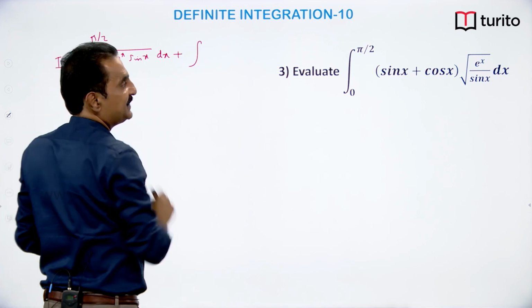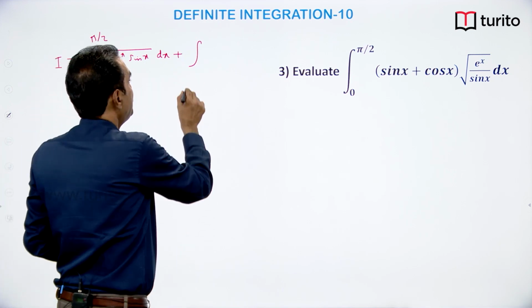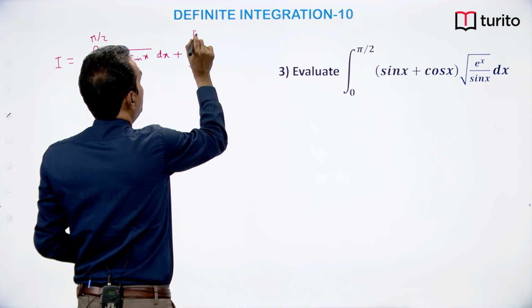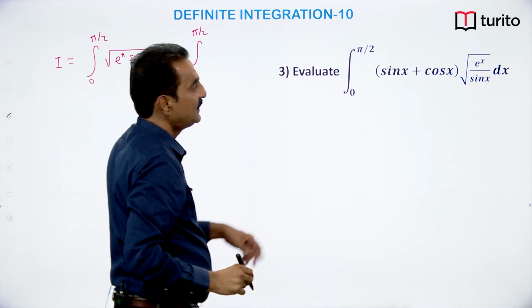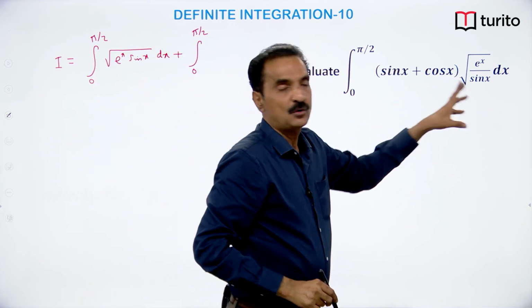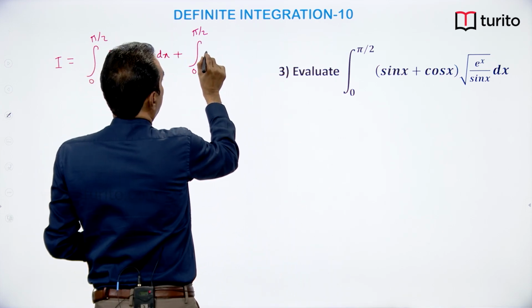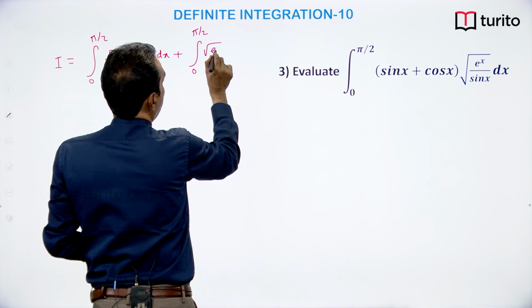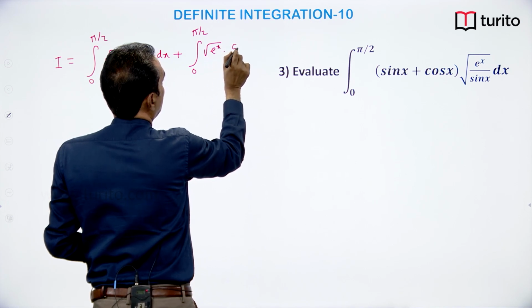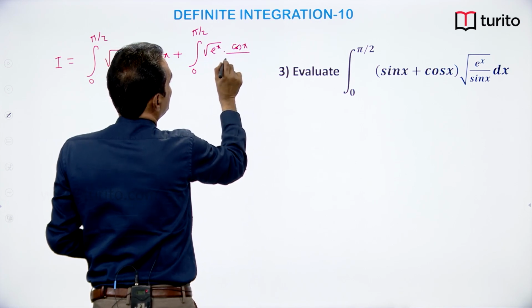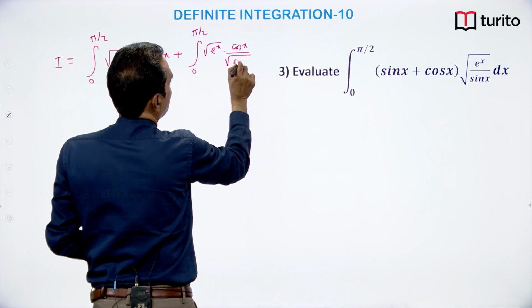plus, write the second integral, integral 0 to pi by 2 cos x into root over e power x by sin x. So, I will write root e power x into cos x by root sin x.